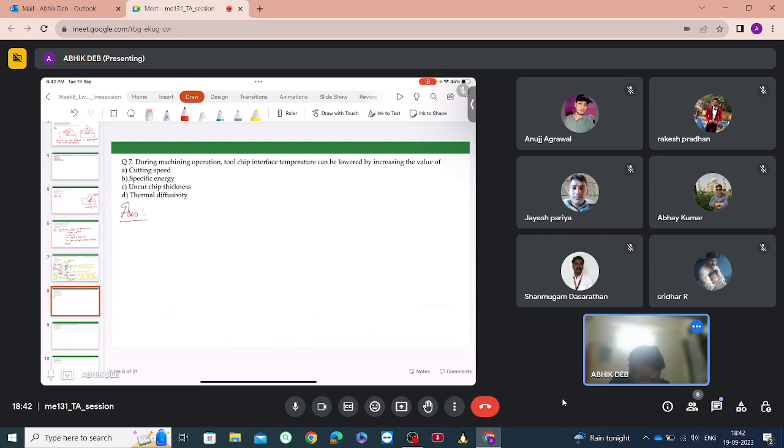Any guesses? What do you think will increase with the increasing cutting speed? Sir, generally, the tool chip interface temperature increases with increase in cutting speed, feed or depth of cut.